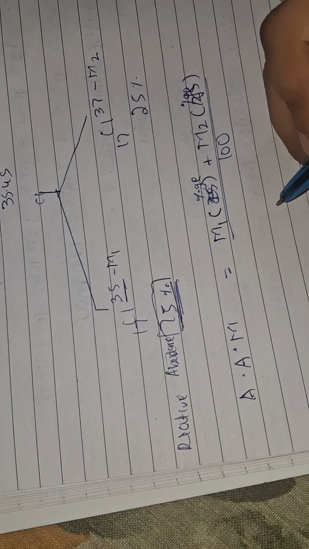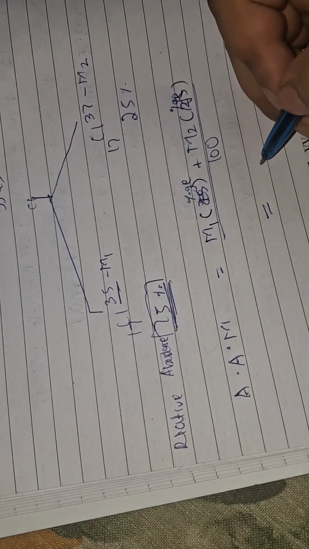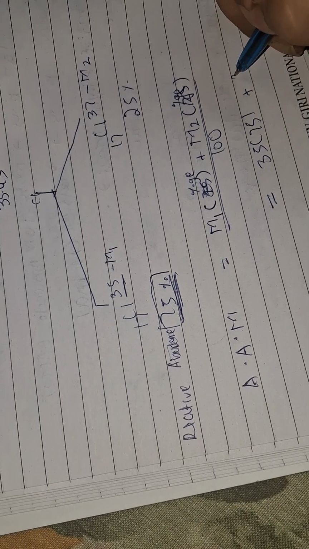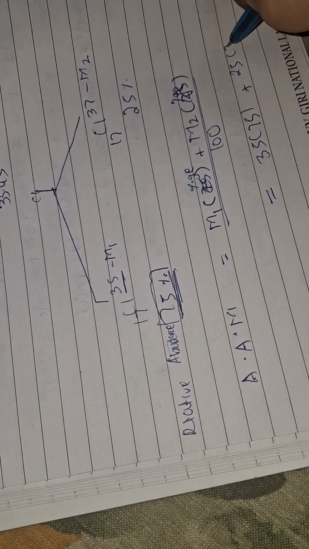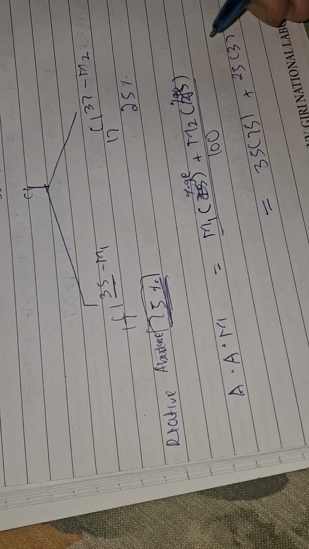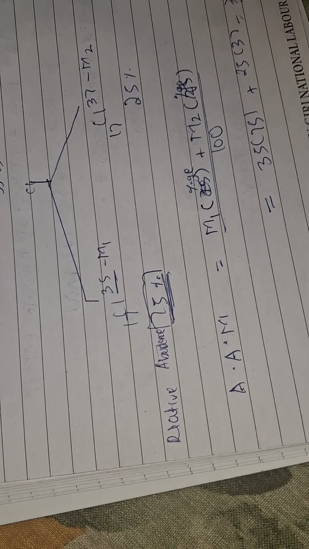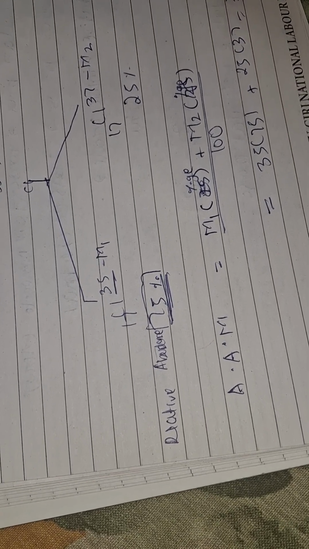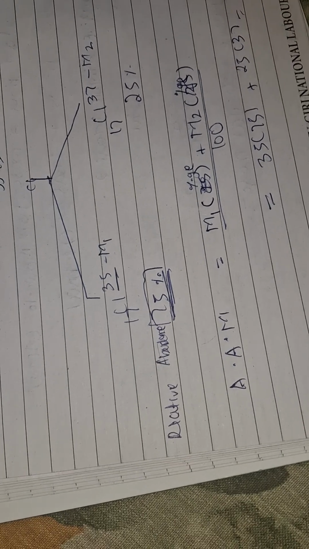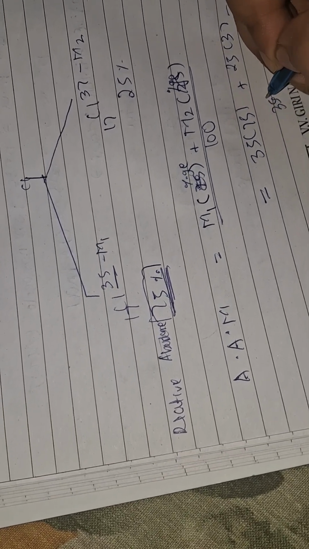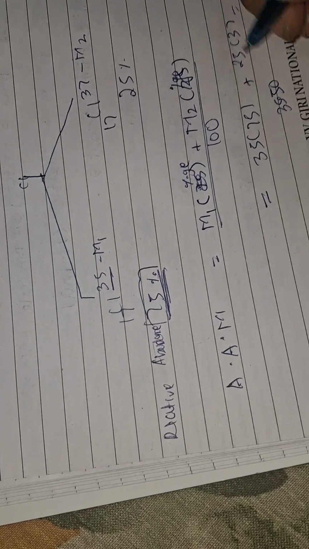This is the formula. So if we apply this formula, 35 into 75 plus 25 into 37, this will be approximately 3550 upon 100. So 35.5.